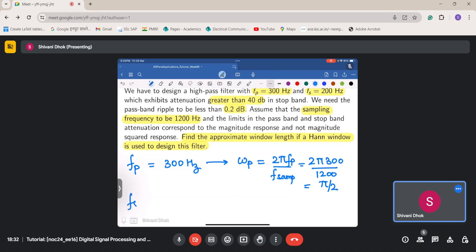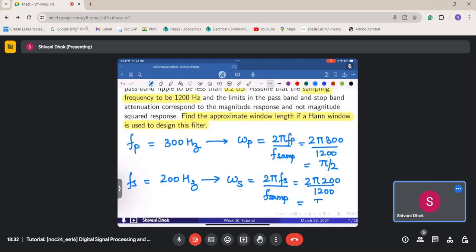And we have Fs as 200 Hz, which will give us omega s as 2 pi Fs upon F sampling, which is 2 pi into 200 upon 1200, and this comes out to be equal to pi by 3.